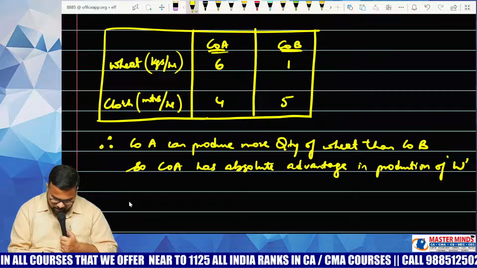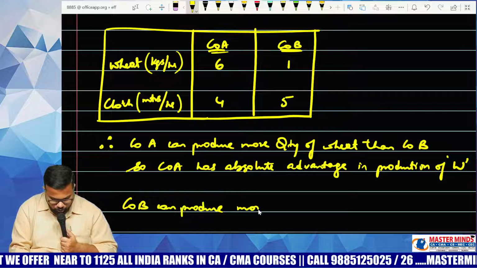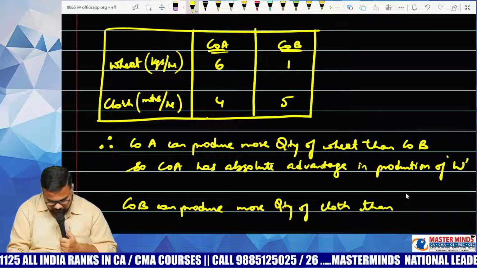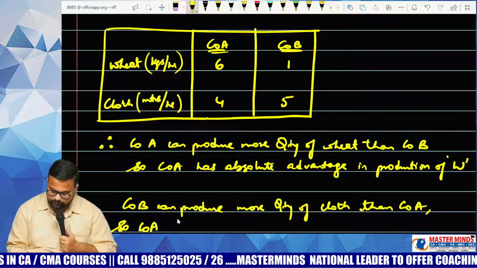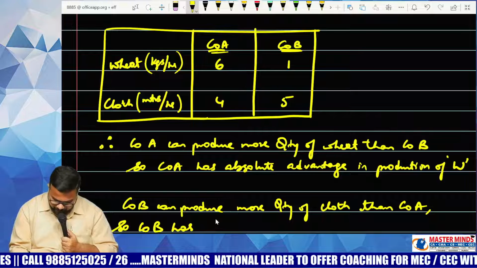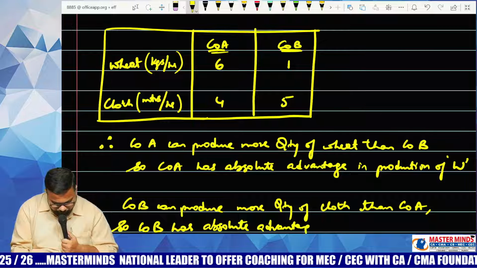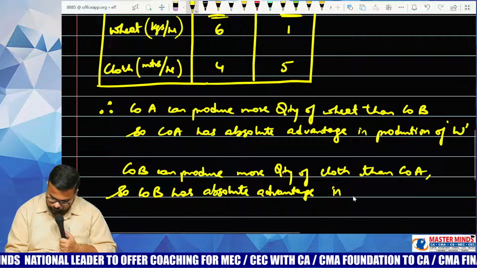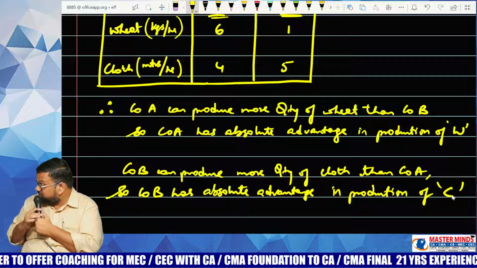In the same way, country B can produce more quantity of cloth than country A. So country B has absolute advantage in production of cloth, which is represented with C.